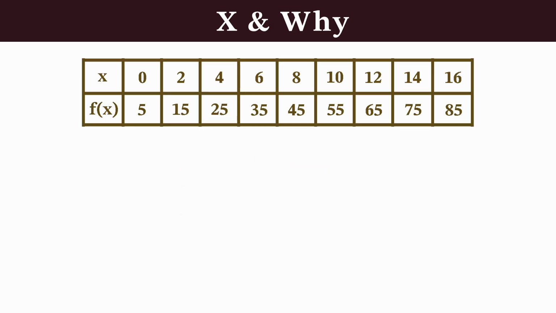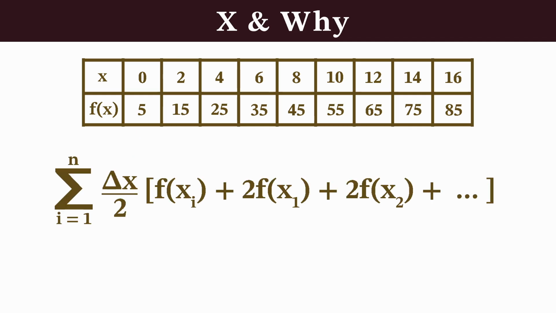The height of the trapezoid is delta x, and the two bases of the trapezoid are the function values at the left and right endpoints of the subinterval. The trapezoidal sum is delta x over 2 times f of x sub 0 plus 2 times f of x1 plus 2 times f of x2, and so on.